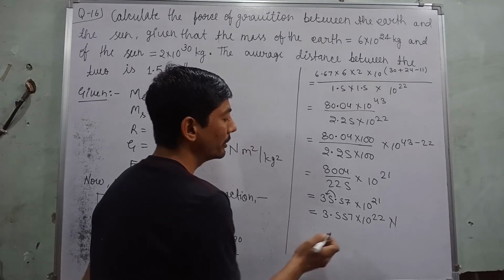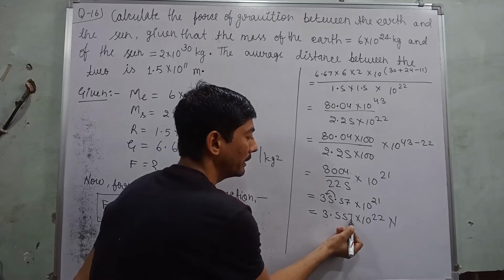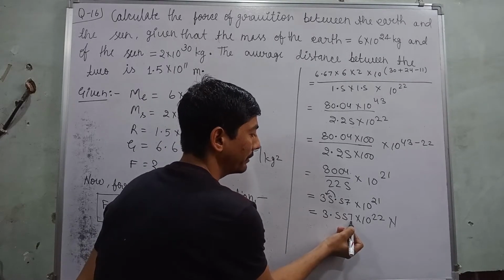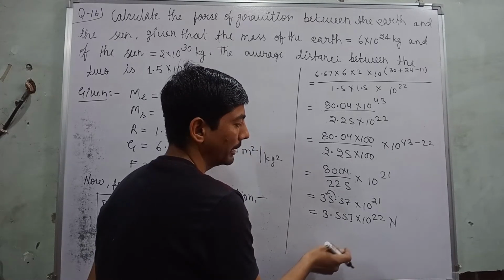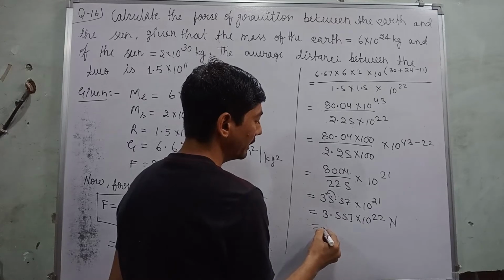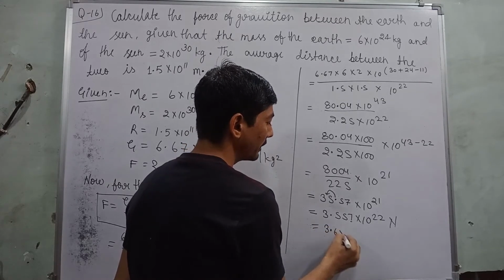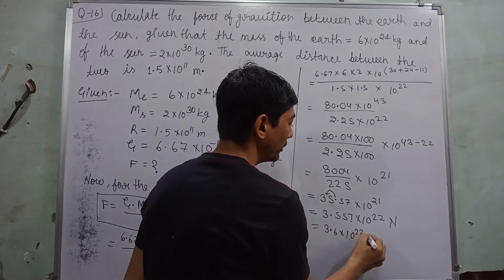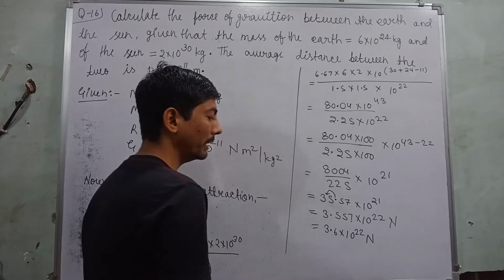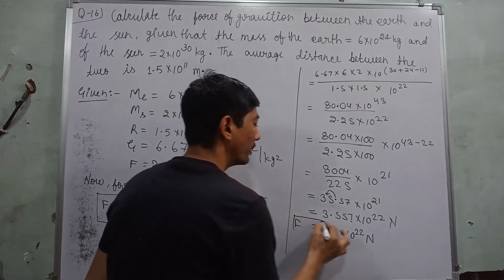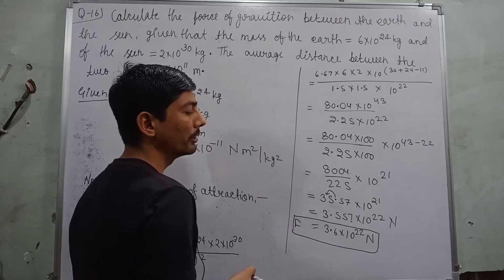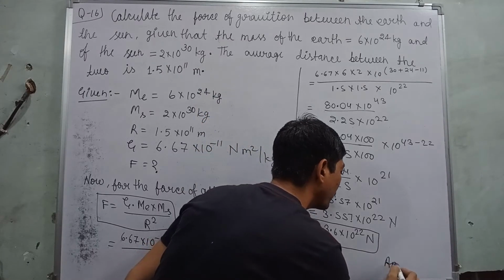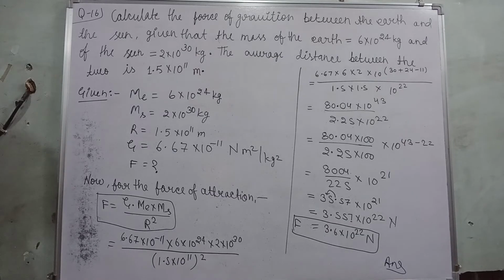But you know, when this digit is greater than 5, then we increase the previous digit by one, and this is almost equal to 3.6. So I write here 3.6 into 10 to the power 22 Newton. You can write it, okay, and this will be your answer. Force is equal to 3.6 into 10 to the power 22 Newton. This is the answer to this question. If you want, you can write it down or take a screenshot.